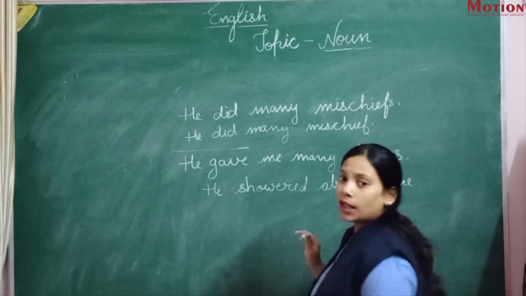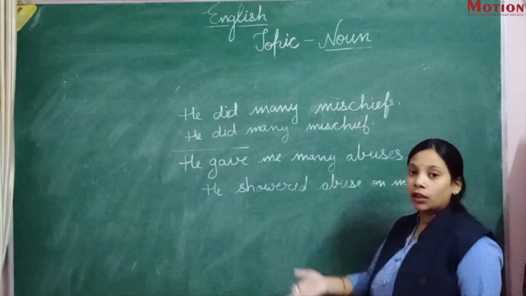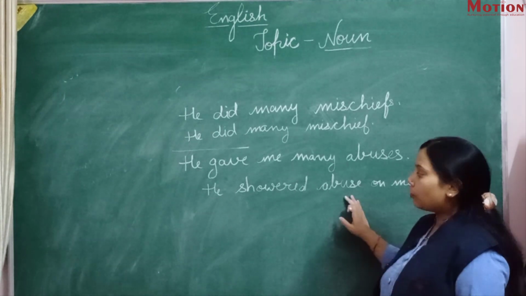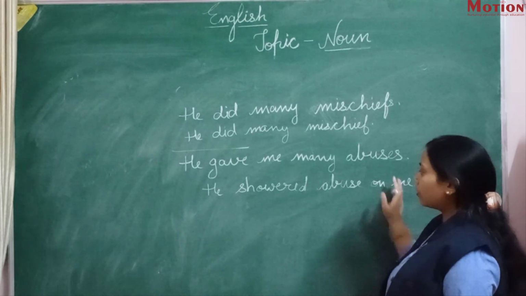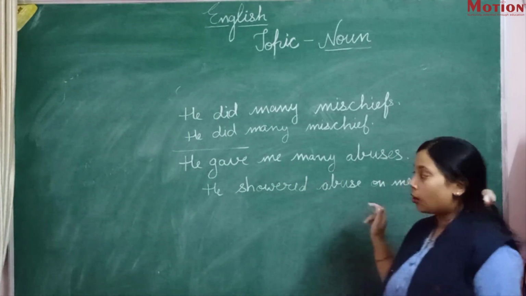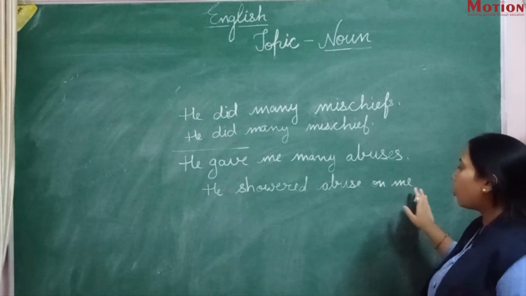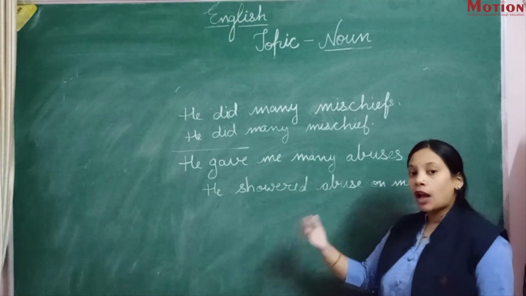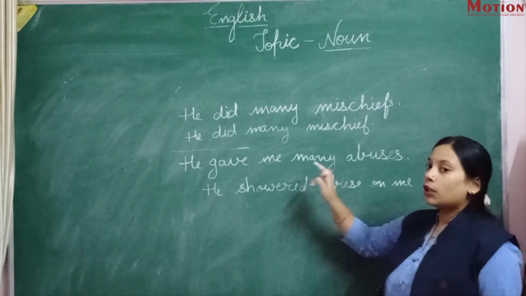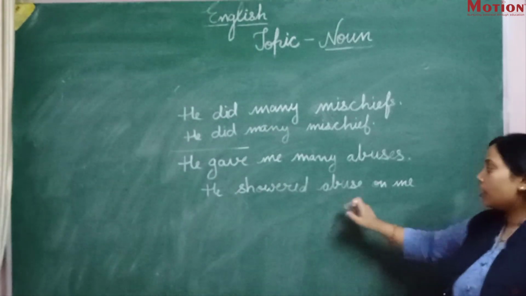This is a general mistake we make, very general, but if you give many competition exams, IEO, we use the correct form of plural formation. He gave me many abuses. This sentence is totally wrong. If we have to correct this one, we will say, he showered abuse on me. Like he showered abuse words on me. We will not write abuses, or he gave me many abuses. We will write, he showered abuse on me.